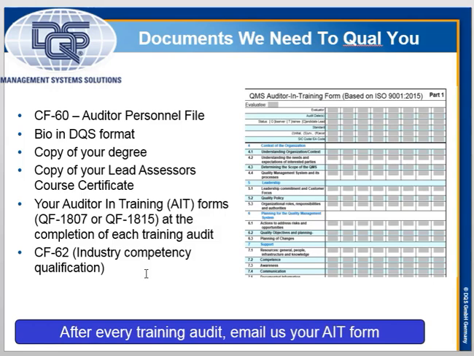Once it's completed, we need you to send it to us, and we will look at it. I look at all of them, and then if there is some problem going on, I'll give you a call. But all of these forms are necessary. It's terrible to get to the end and you're missing a copy of a degree or you're missing a bio and we can't qualify you, and it holds up your qualifications until we get those forms.